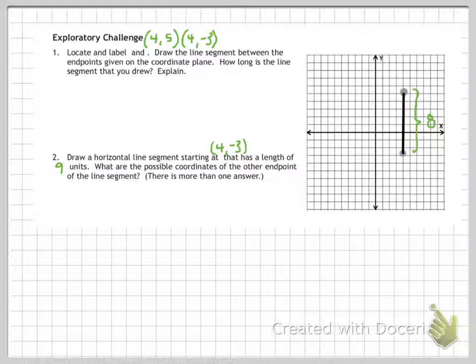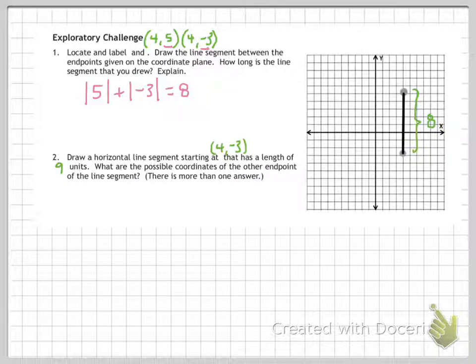Or we can take a look at our changing values, which I see are a 5 and a -3. So since they're on opposite sides of the number line, I remember that the absolute value of 5 plus the absolute value of -3 is equal to 8. So either way we could find that distance.